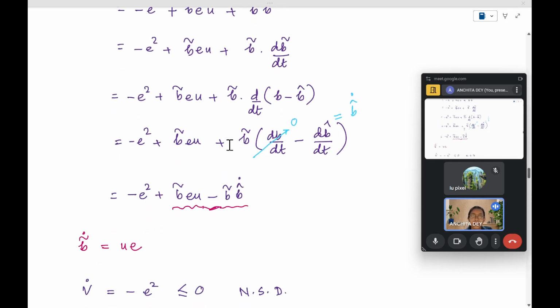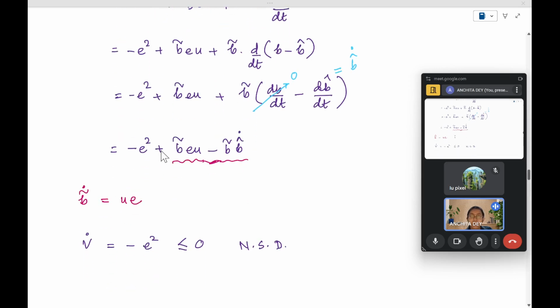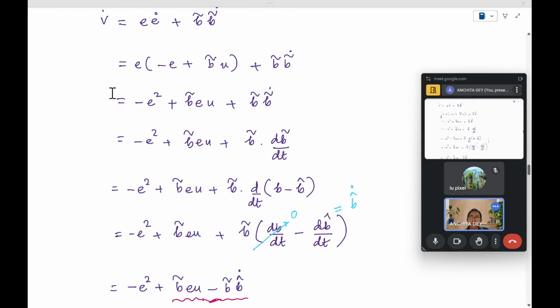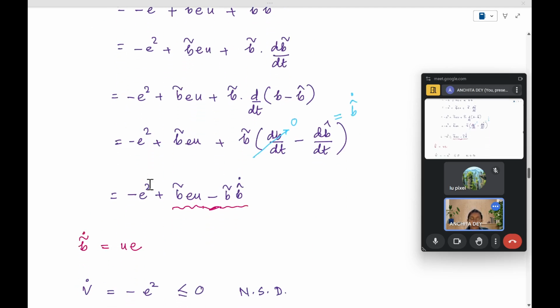So we just have now, instead of this plus b tilde and minus, we have minus b tilde into b hat dot, right? Now this is interesting. We wanted something negative definite or negative semi-definite at least, right? And then maybe we can go on with LaSalle to see how it can be carried forward.